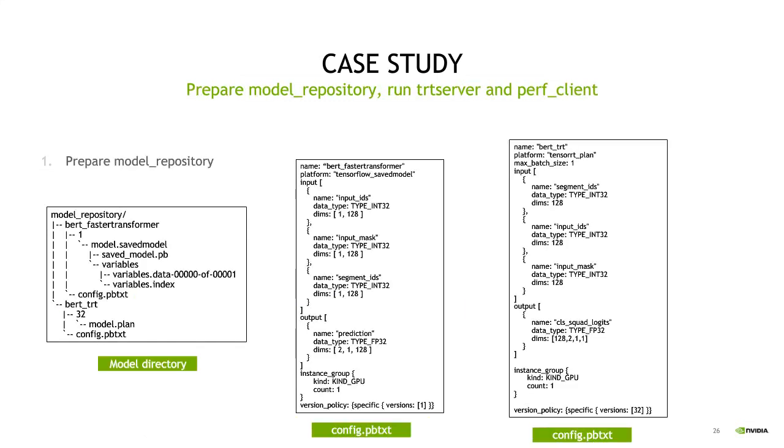In Triton Inference Server, you have to organize the model files in a structured tree, like the left part, and we also have to provide the config.pbtxt files for the FasterTransformer deployment and the TensorRT deployment. You can get back to this slide after the webinar to see what's actually in these two config files.